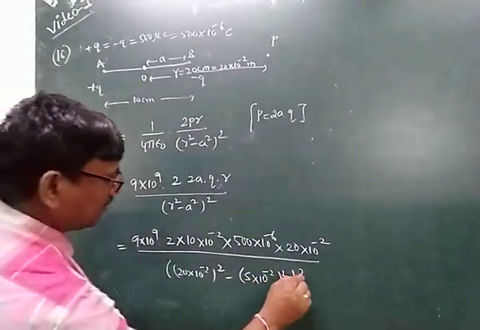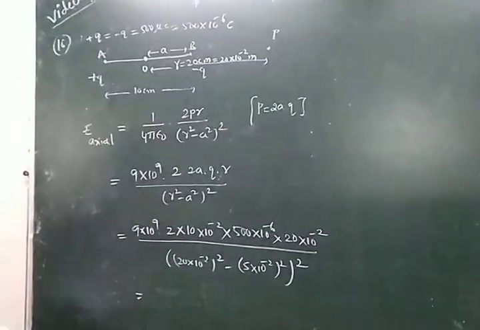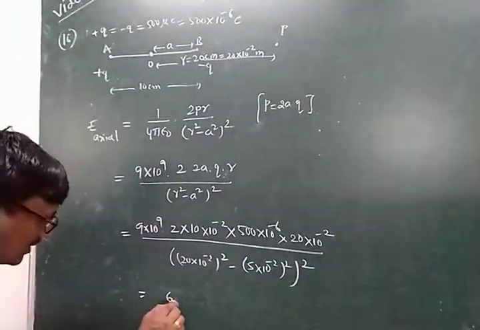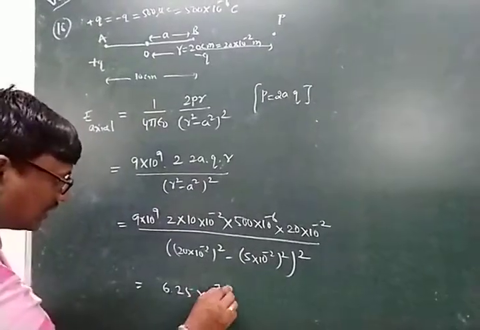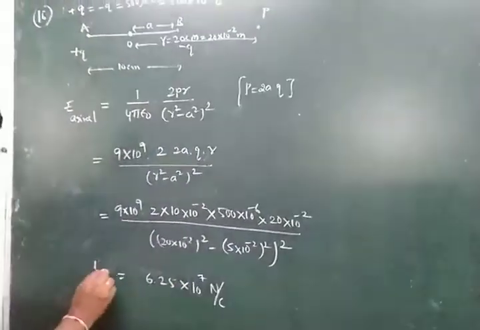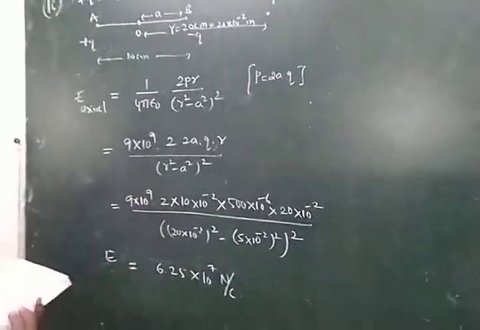Then on calculation we get the answer 6.25 into 10 power of 7 newton per coulomb. This is the intensity of the electric field.